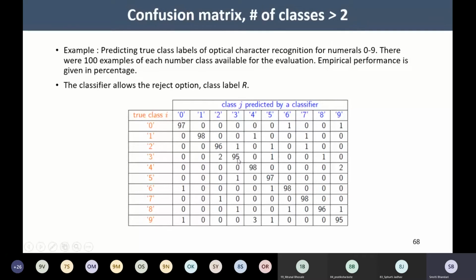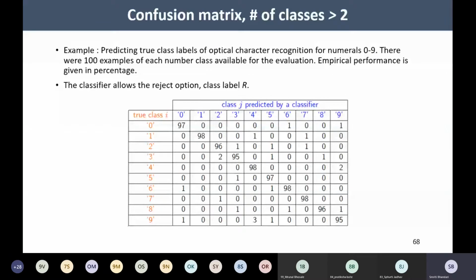This diagonal actually represents the correctly classified samples, the number of correctly classified samples. Am I correct? Are you getting me? Yes, ma'am. May I proceed? Yes, ma'am.